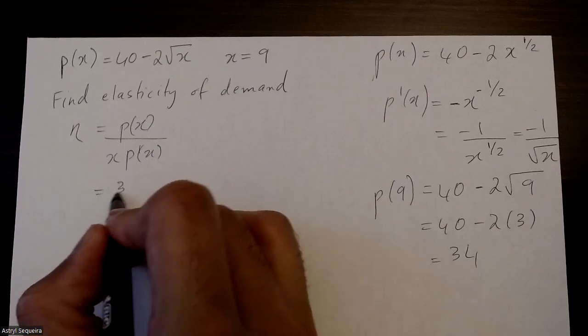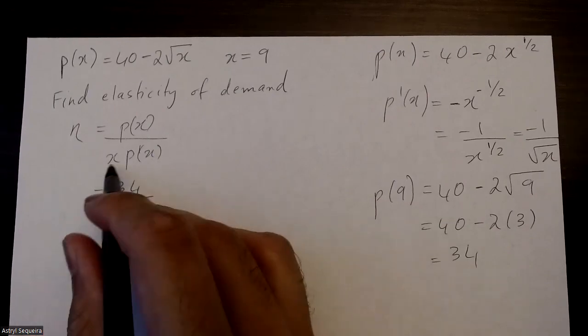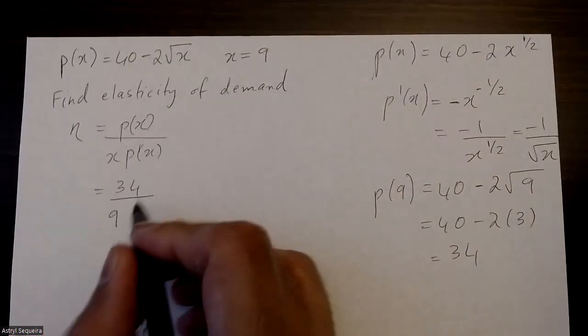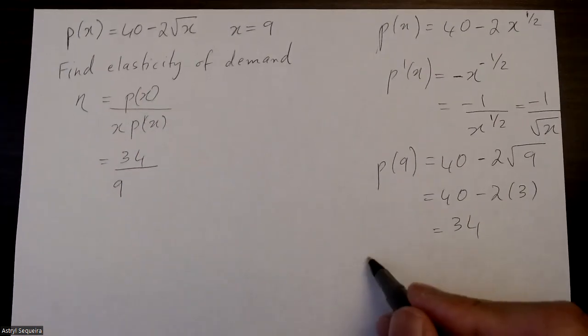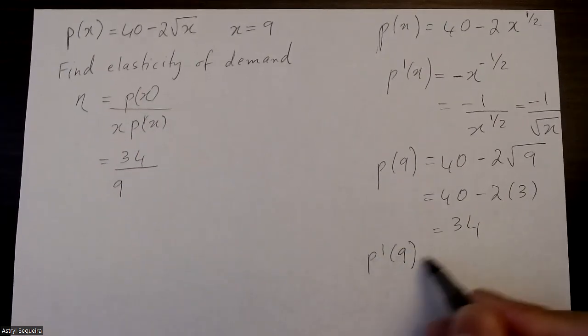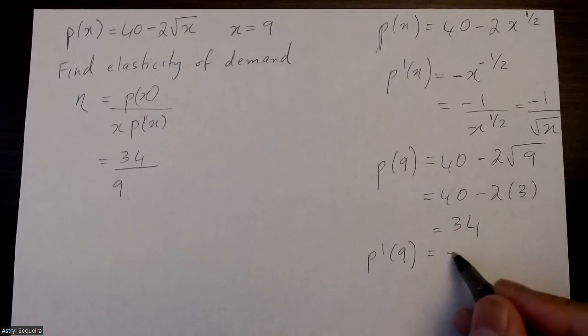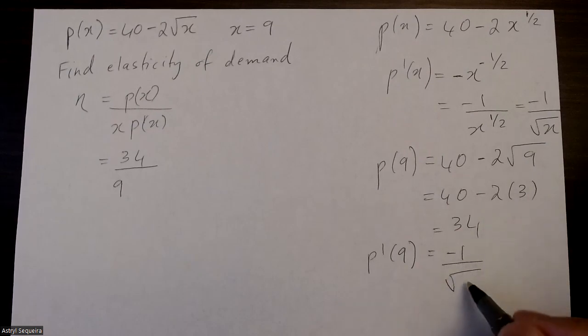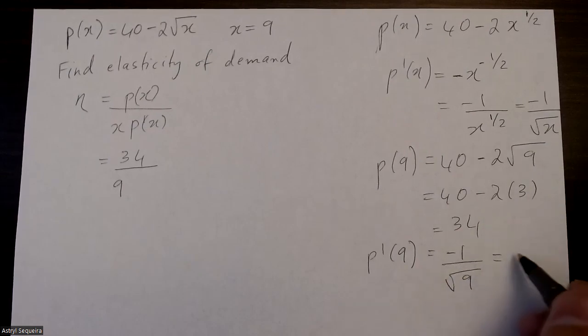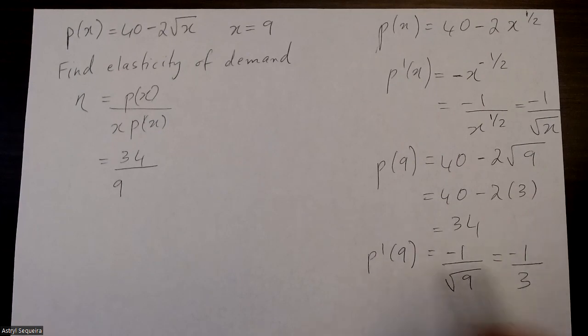So p of x is just 34. X is just 9. And p prime x, I'll find p prime 9 over here. Just subbing in 9 into this equation, just negative 1 over 3.